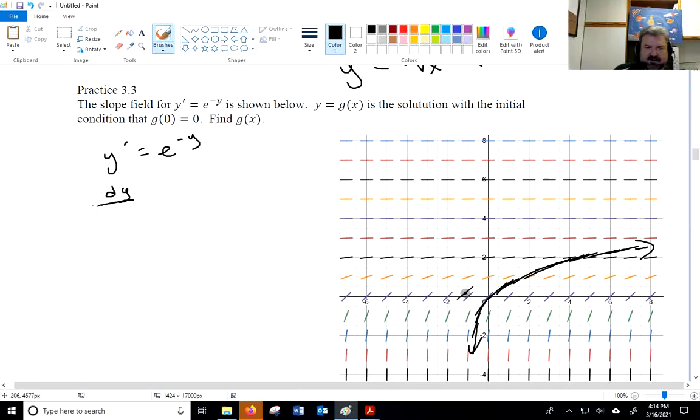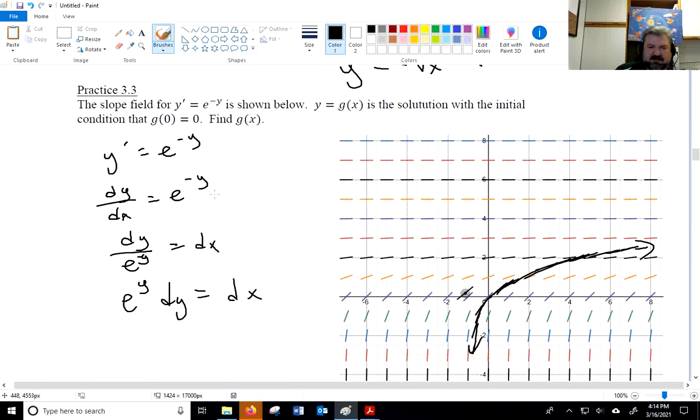So that would be dy over dx is equal to e to the negative y. So dy over e to the negative y equals dx. Well, I can just rewrite that as e to the y dy equals dx. You know, if I have e to the negative y, I can multiply both sides by e to the positive y. Or if you divide both sides by e to the negative y, then use your properties of negative exponents to move it up.